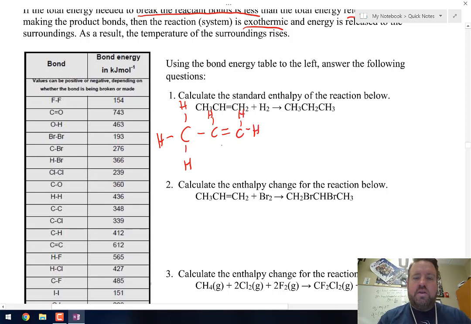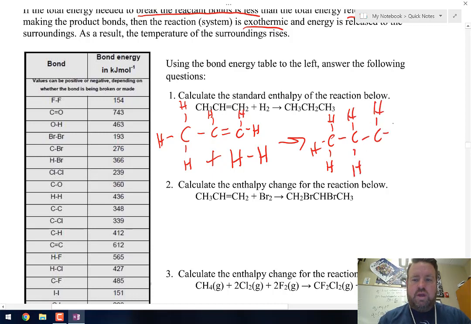So that's our first molecule, and then we're going to plus H-H, and it's going to make CH3, CH2, CH3.